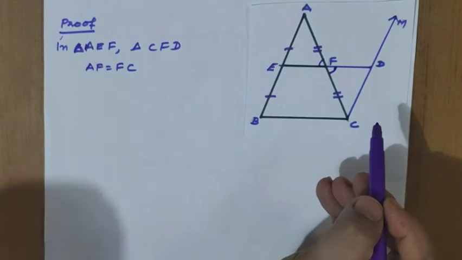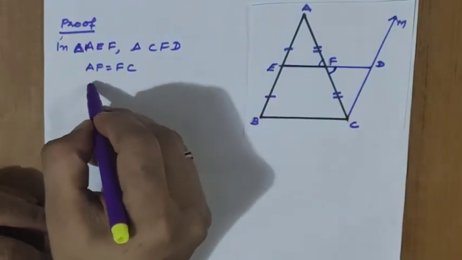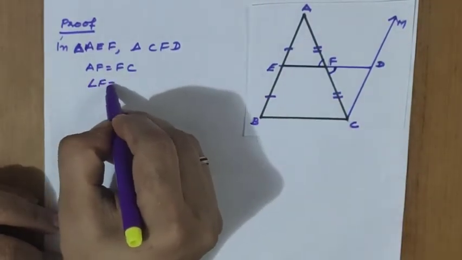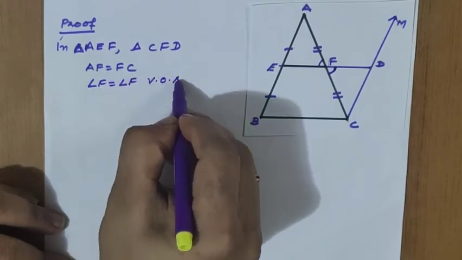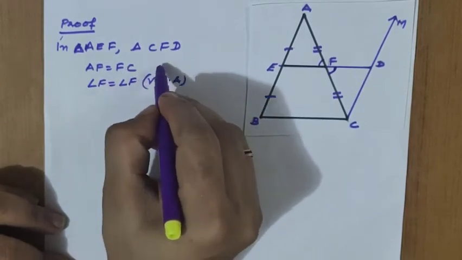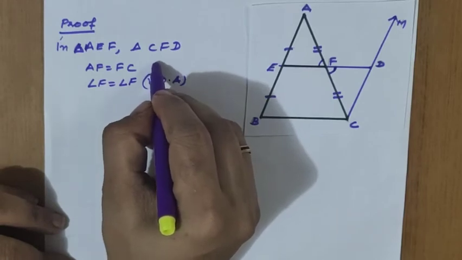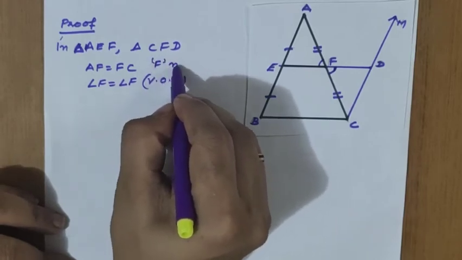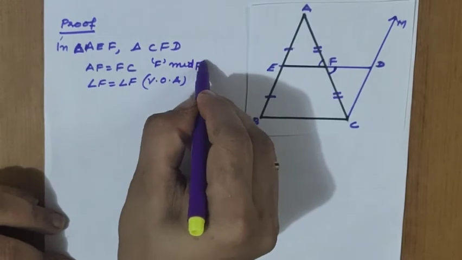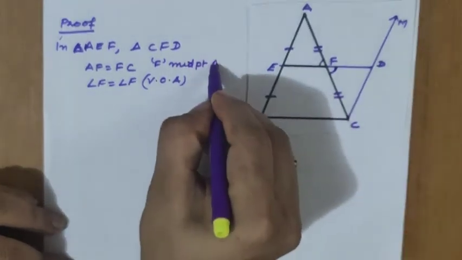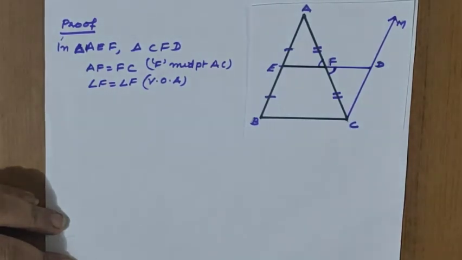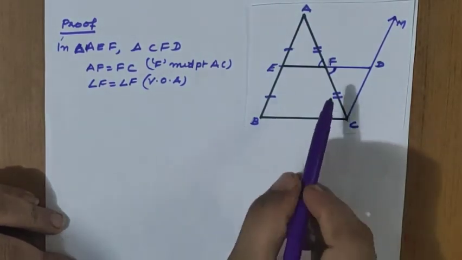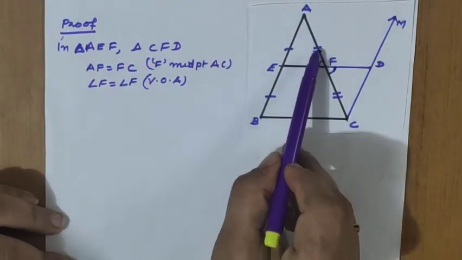Vertically opposite angles. So angle F equal to angle F, vertically opposite angles. The reason for the side: F is the midpoint of AC. And again the second criterion is vertically opposite angles. Now we got one angle and one side.